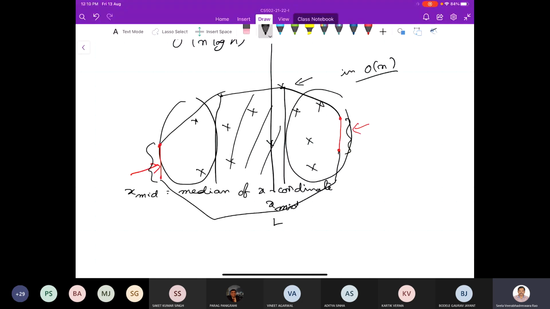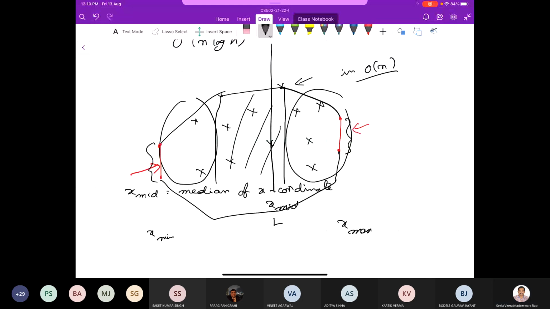Basically, find the x min and x max. If more than one point has the same x min coordinate, then you have to consider both of them: the topmost one for finding the upper tangent, and the bottommost one for finding the lower tangent.